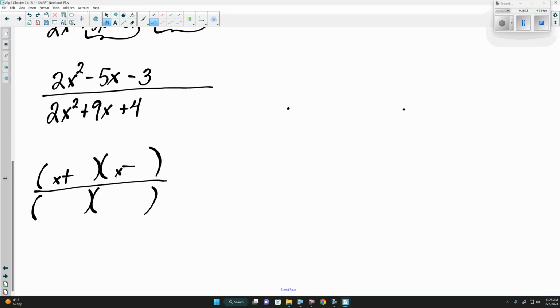Do we want to put the 2 in the first set or the second set? First, so we'll do 2 and 1. Factors of 3 are 1 and 3. And if we check this here, 2x times negative 3 is negative 6x. 1 times x is plus x, which gives us negative 5x, which is what we wanted, yes? Okay.